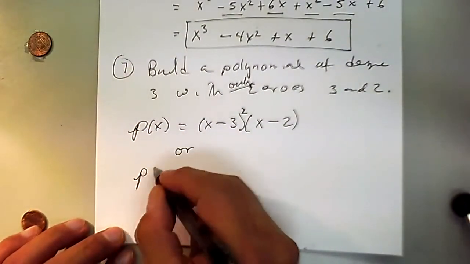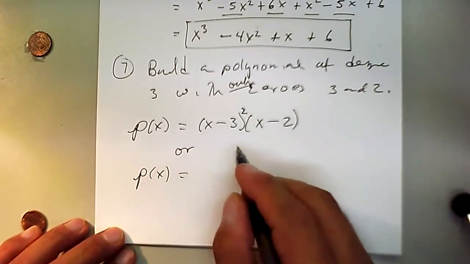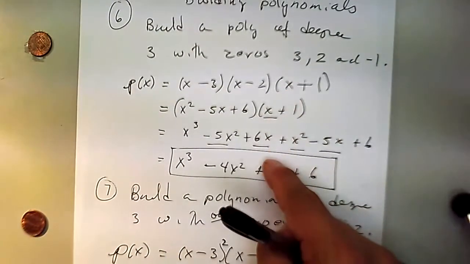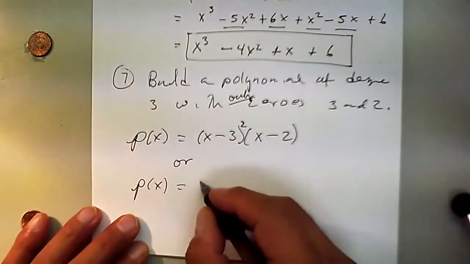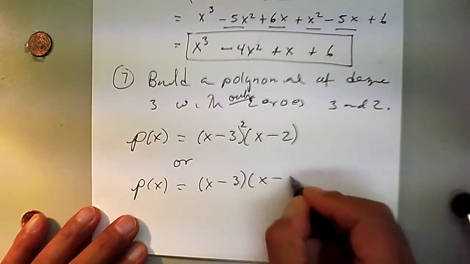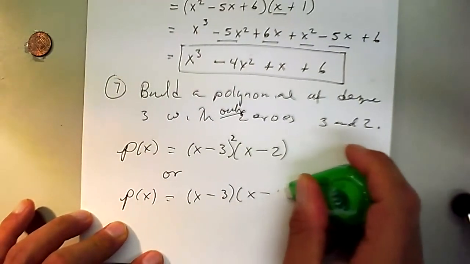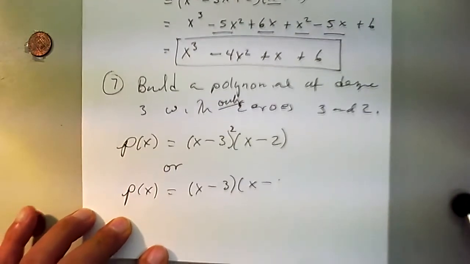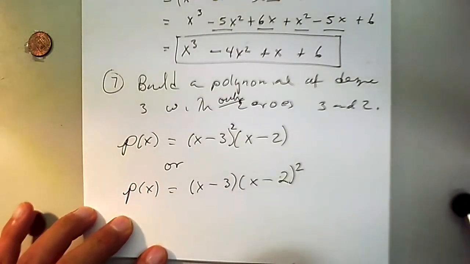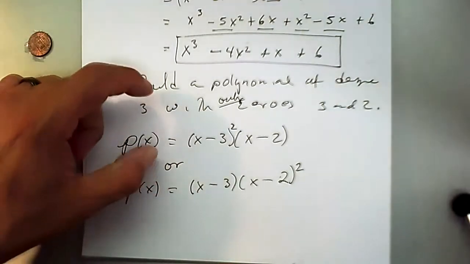Or p of x. So if some students write this out, and you guys still have to multiply it out, you're good. If some other student says, hey, I'm going to do x minus 3 and x minus 2 squared, that's fine, because there's no other restrictions on the problem.